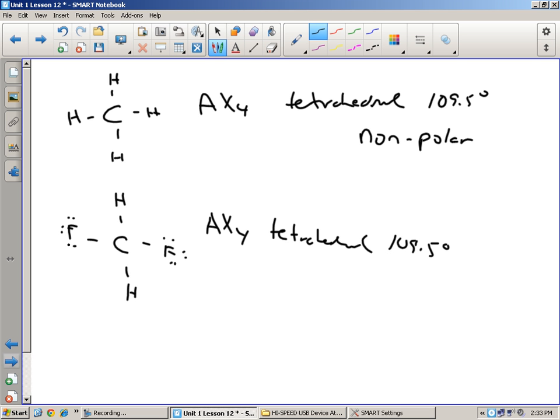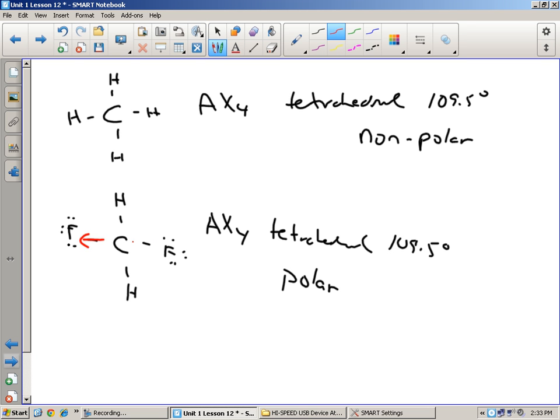Is this one polar or nonpolar according to our little definition about polar and nonpolar? This one is most certainly polar. Are all the X's the same? Is the question. And in this case, they are not. Correct? So it's polar.